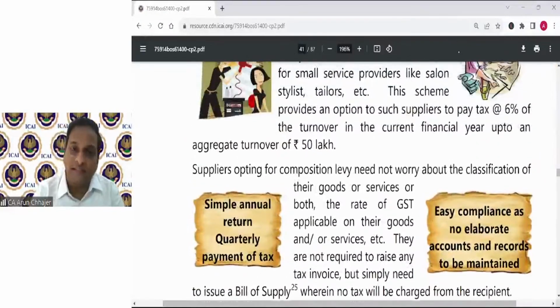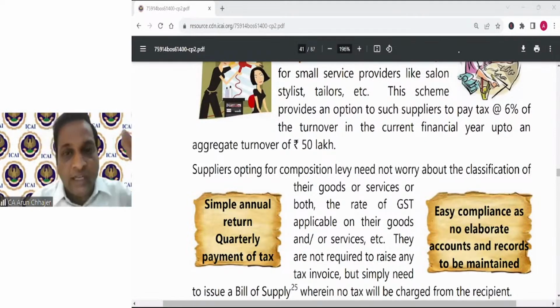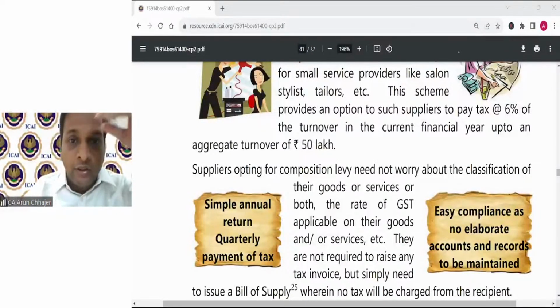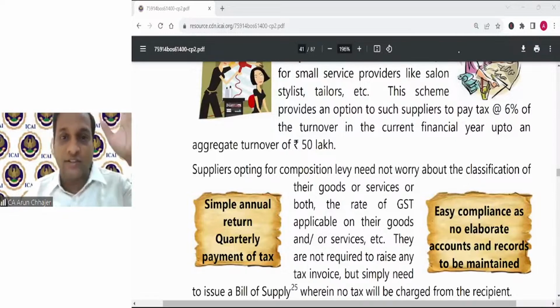Now, when the composition scheme was started, what is the major advantage? If I say why one will opt for the composition scheme, you tell me what is the biggest loss. I have already explained.